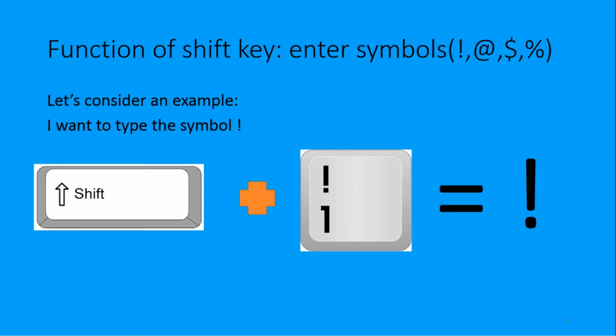If you have difficulty using only one hand, you can use both hands. Using your left hand, you press the Shift key. Using one finger from your right hand, you press number 1. Then you will obtain this symbol.